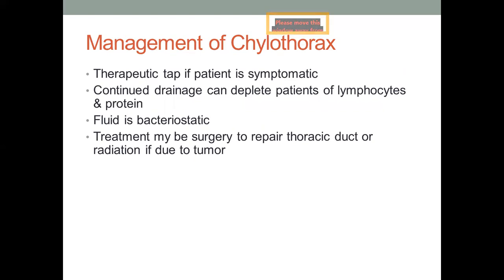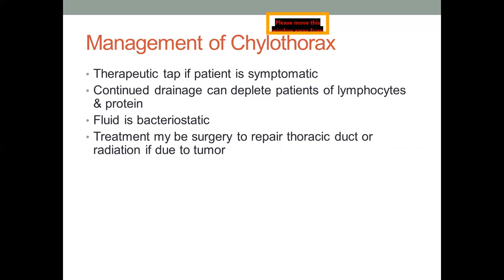Management of chylothorax: if the patient is not symptomatic and the chyle in the pleural space is low, then conservative management. If the patient is symptomatic, then the chyle should be therapeutically aspirated, that is, a tap should be done.